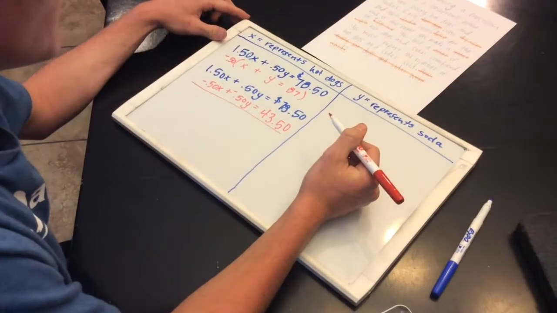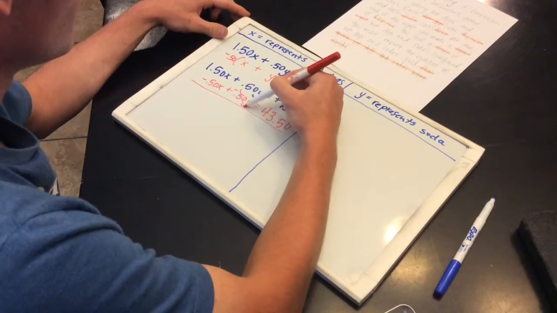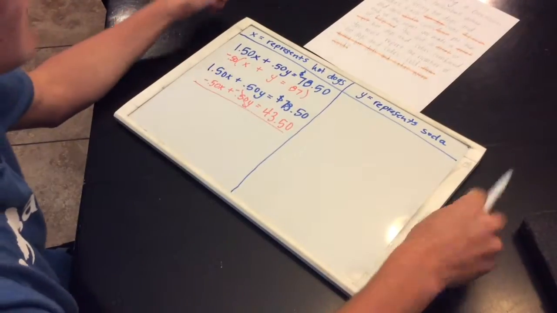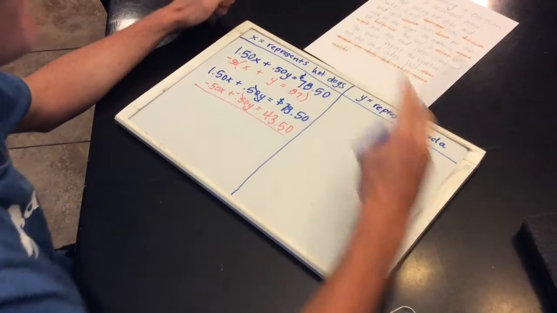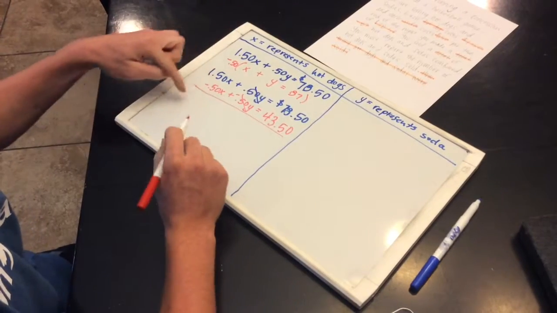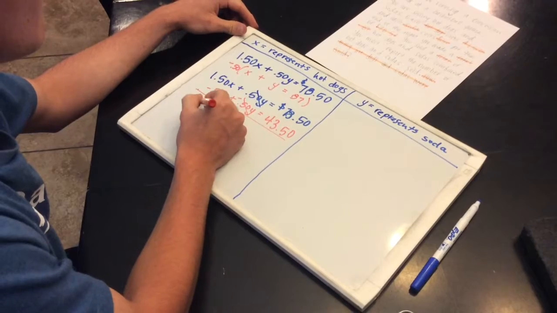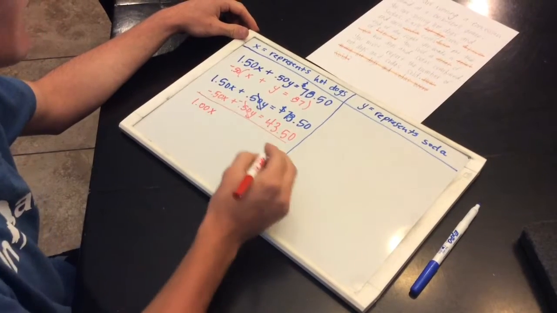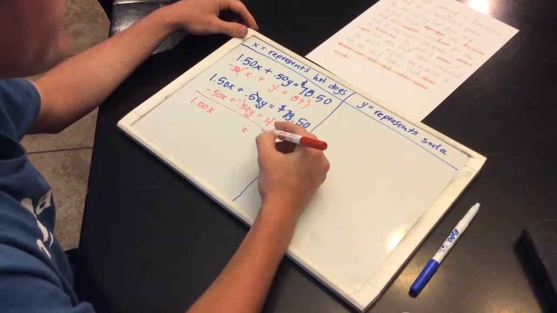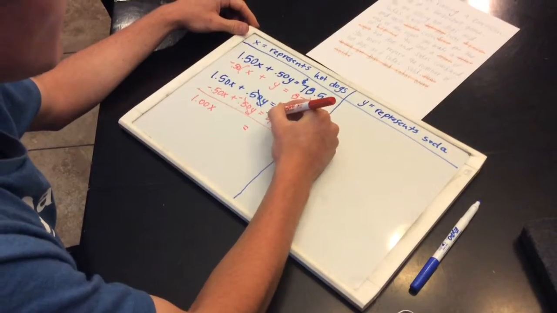Then we solve those. These two cancel out because this is negative and this is a positive. Then we can just bring this down here. Sorry, this should be a negative.